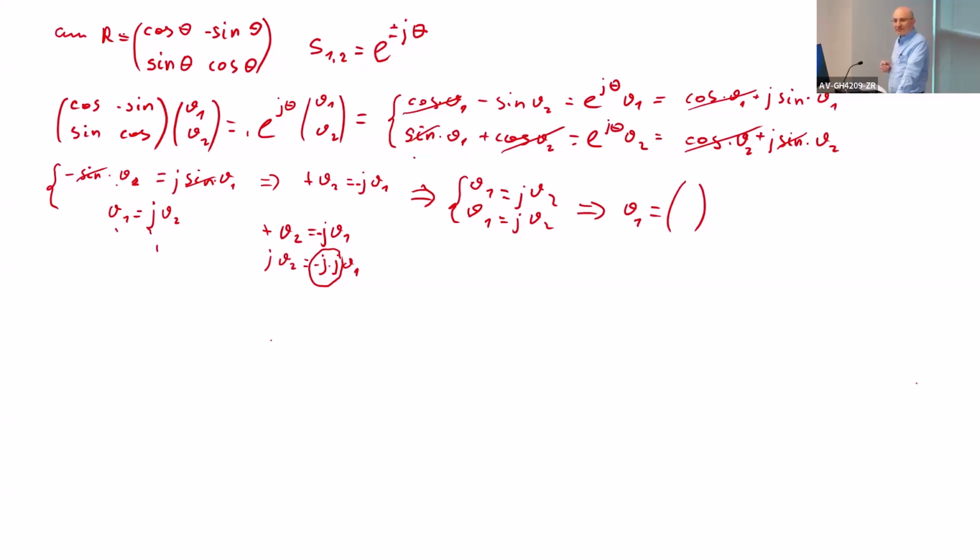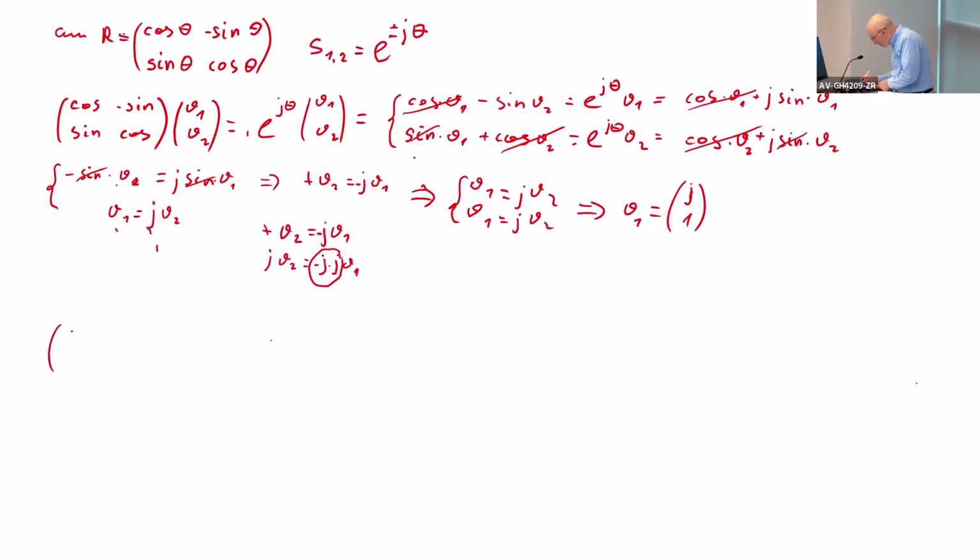It's the same equation. So let's pick one of the possibilities, 1 for example, and the second one will be j multiplied by that.